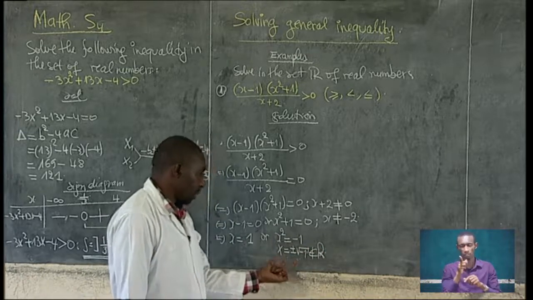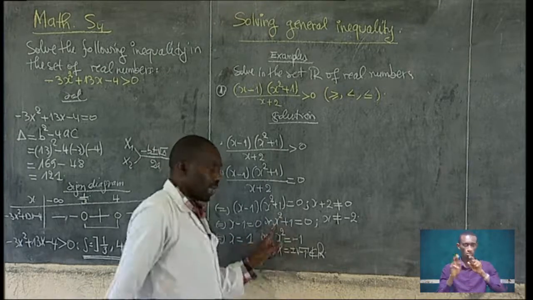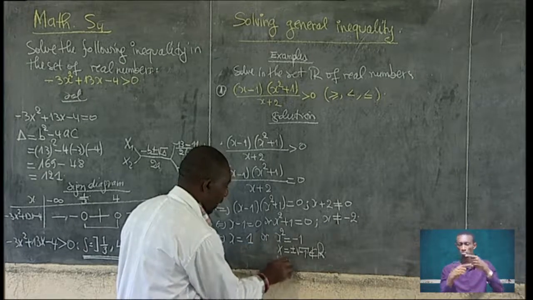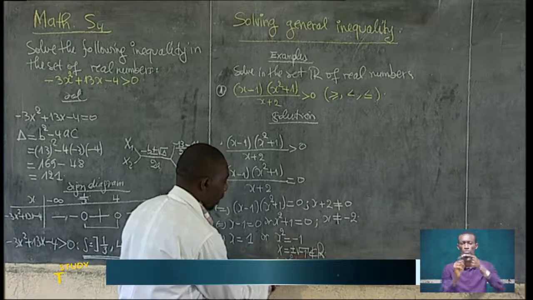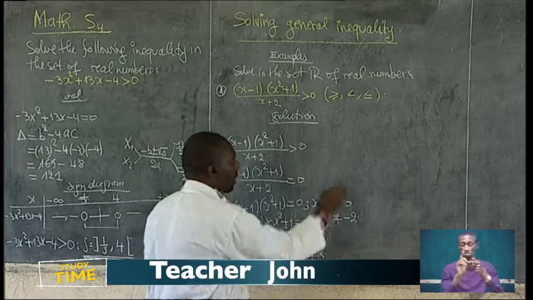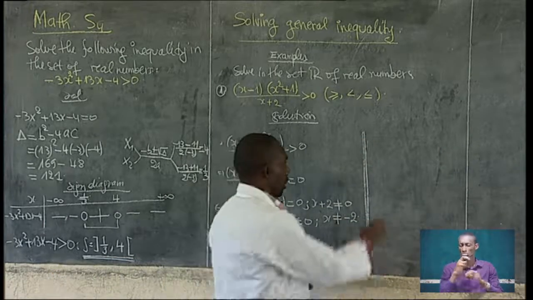It means x squared plus 1 is always positive. You can check using the discriminant.